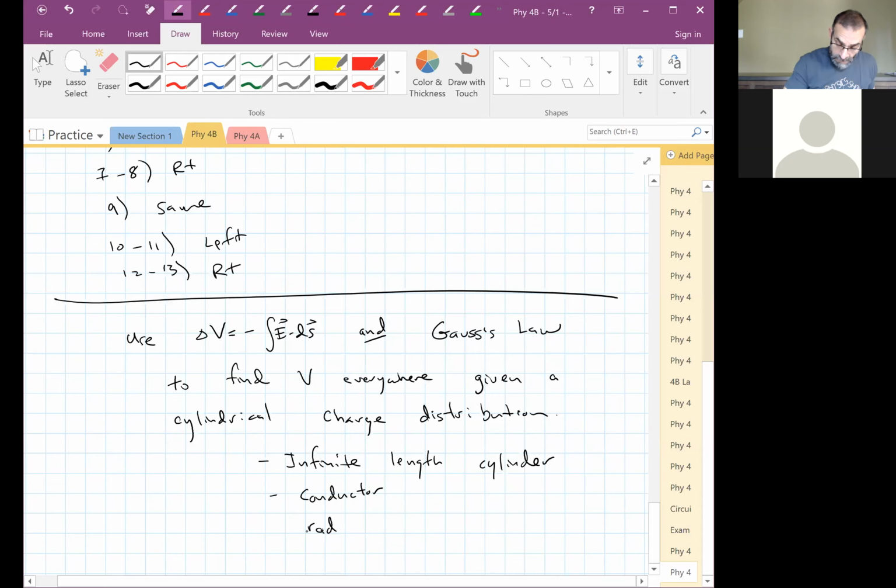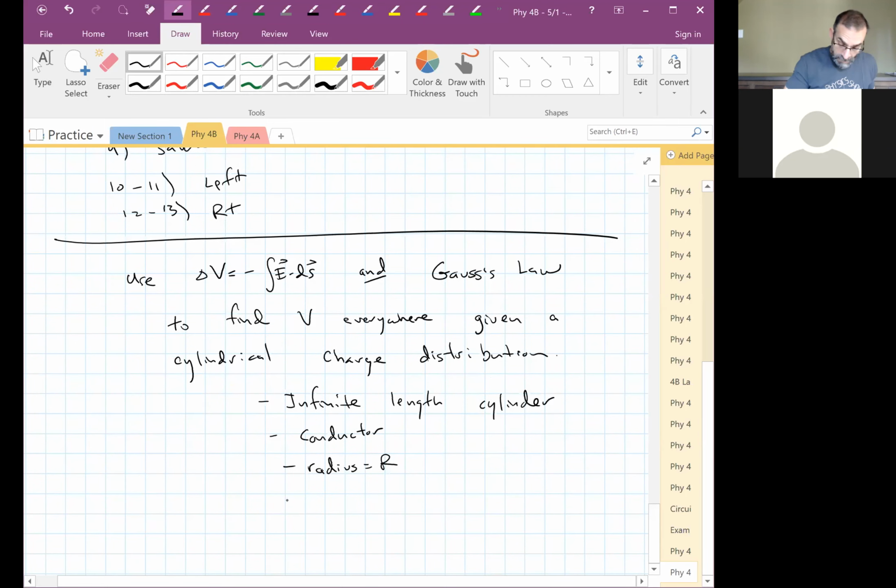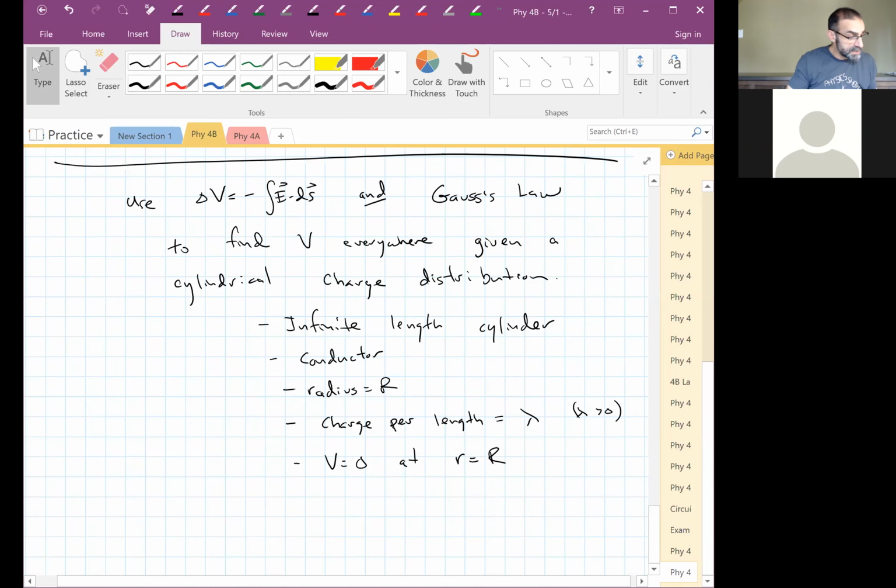Radius capital R. Some positive charge distribution. And we're given that V equals 0 at R equals the radius of the cylinder. Okay, so that's our given information.